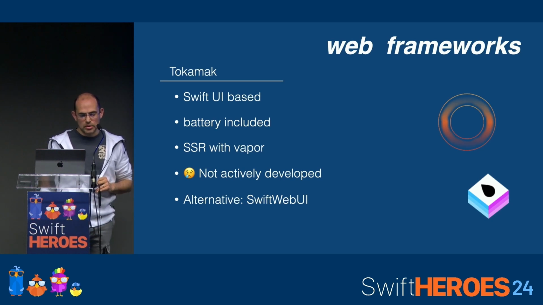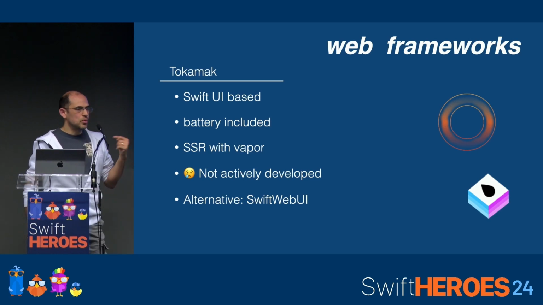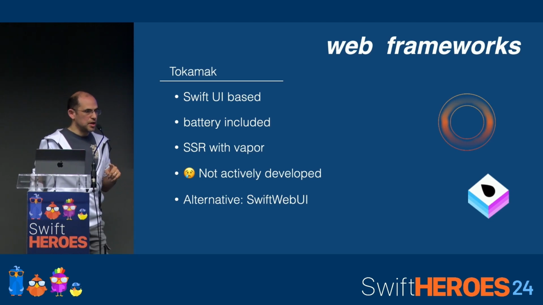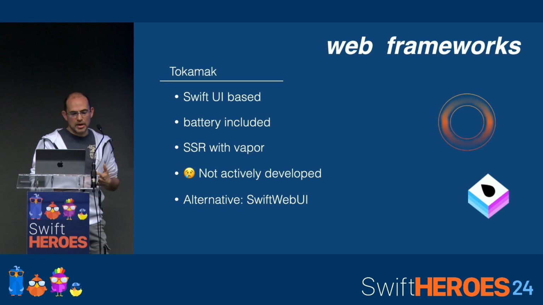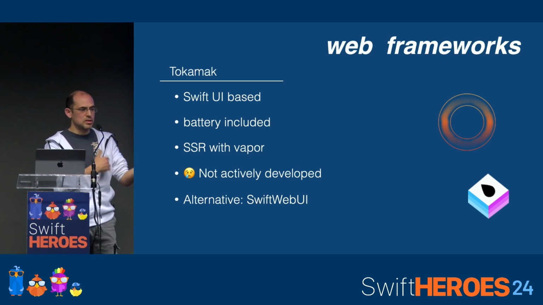A good thing about Tokamak is that it could be integrated with Vapor, doing SSR. What is SSR? Server-side rendering. So you could render your page on the first request directly on the server. So the browser already receives the HTML of the page, and after that Tokamak takes control and lets you use it as a single-page application.